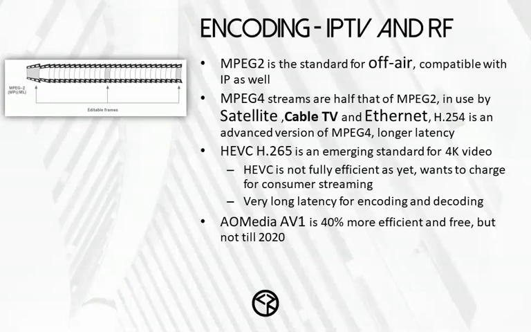So the first that we've seen in the market, and you've seen a lot of this, is H.265 or HEVC. Its benefit is that it intends to take a 4K video and broadcast it at a stream the same size as MPEG-4. That really hasn't happened yet, but the streams are smaller and getting smaller, and the latency is going to be very long for encoding because you have to scrape the video for more information to try to squeeze all of this into a smaller space.